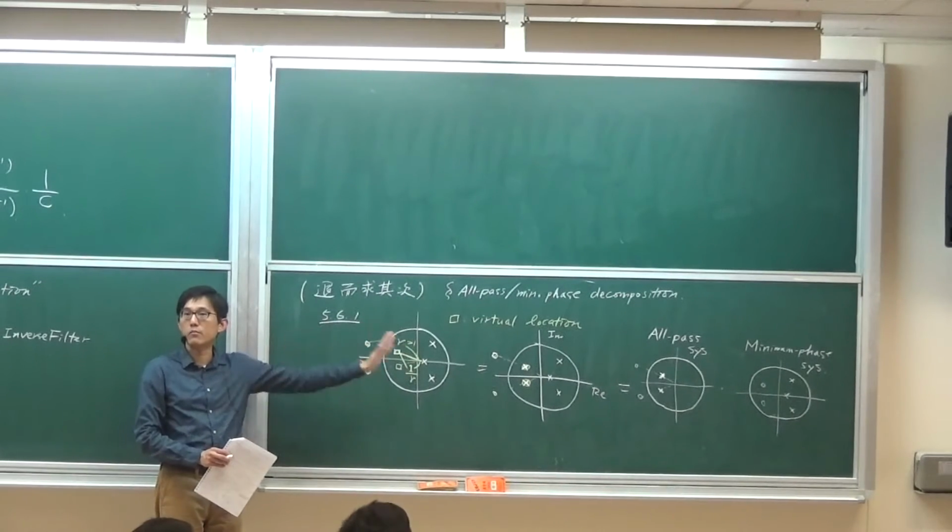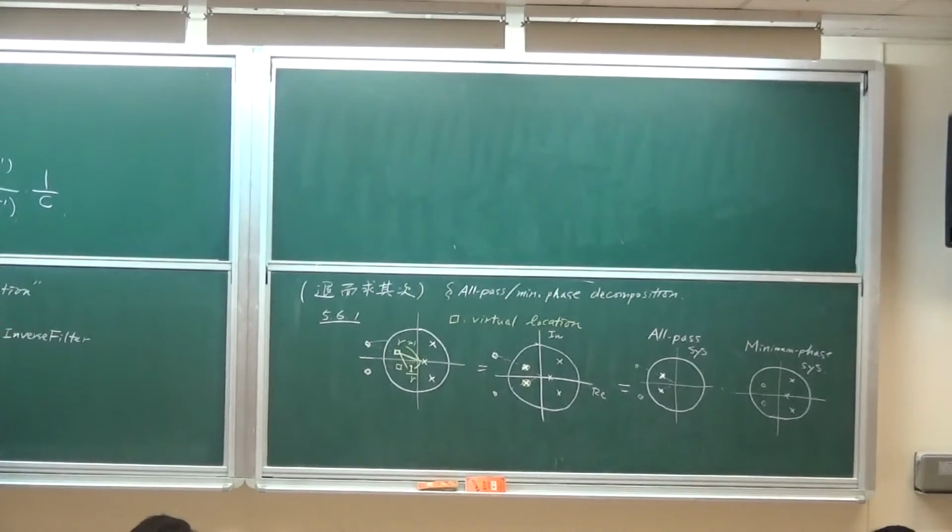The first part is all-pass, the second part is minimum phase. Okay, so that's a very simple idea. Any questions so far?